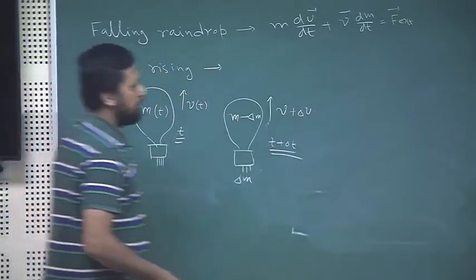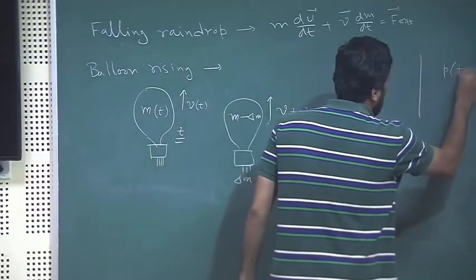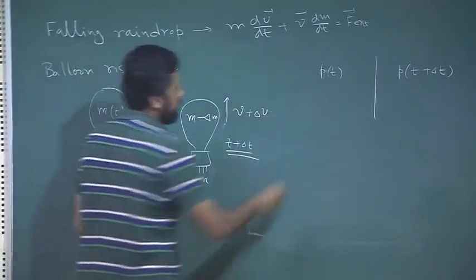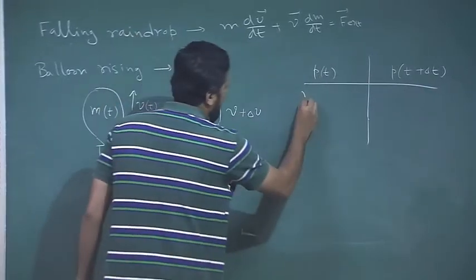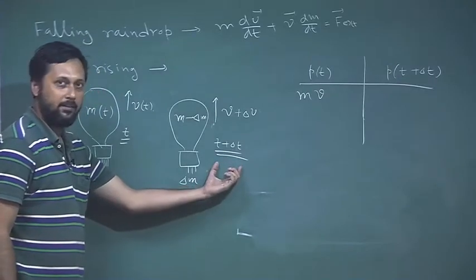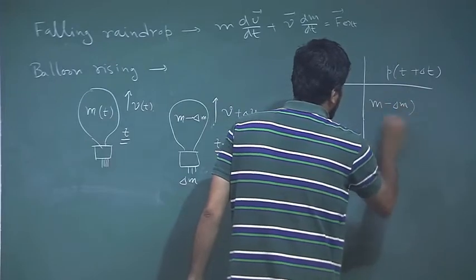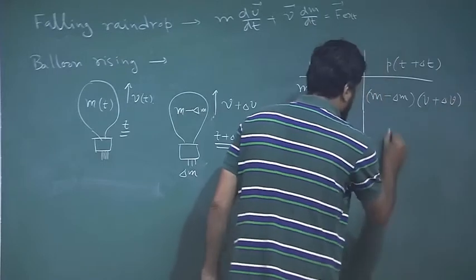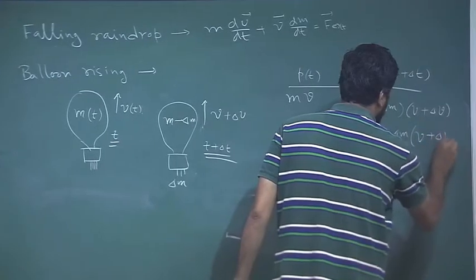So, once again we try to construct the momentum p of t and p of t plus delta t. Once we do that, we immediately see that the momentum initially was simply mv, and the momentum at time t plus delta t is m minus delta m times v plus delta v, plus delta m times v plus delta v.